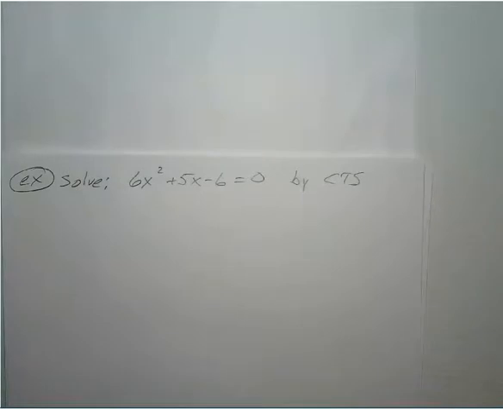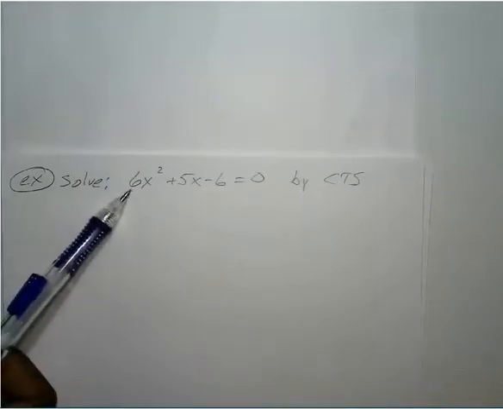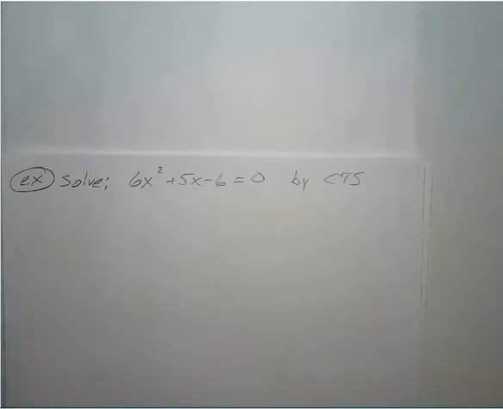Okay, so this one's a little bit different because as you can see, there's a value other than 1 in front of that x squared. So this is where you don't skip step 1.